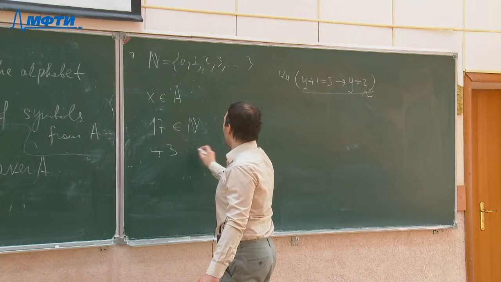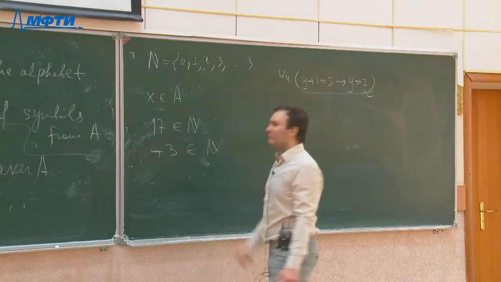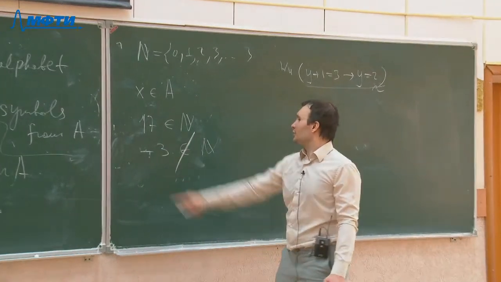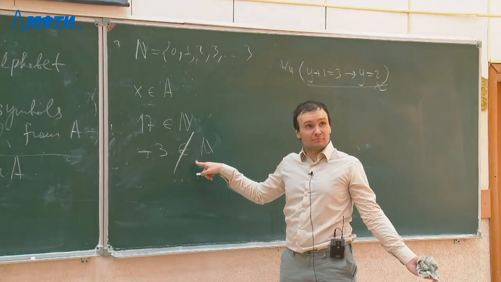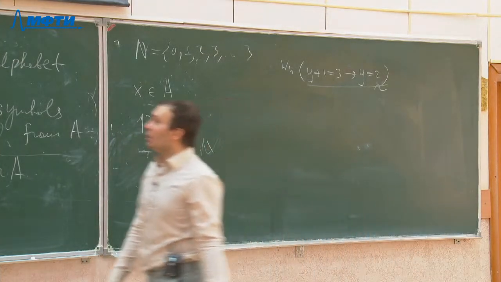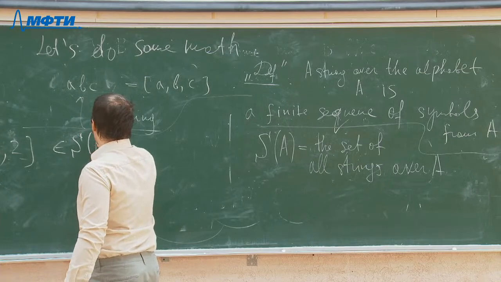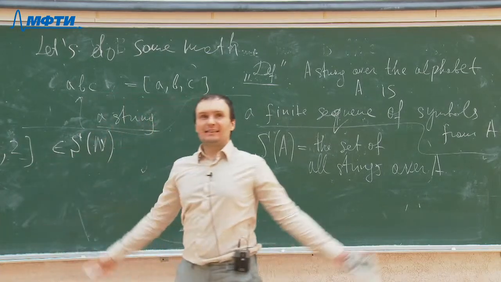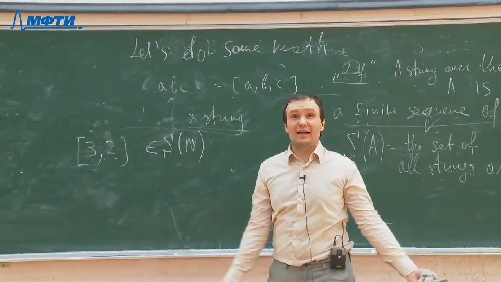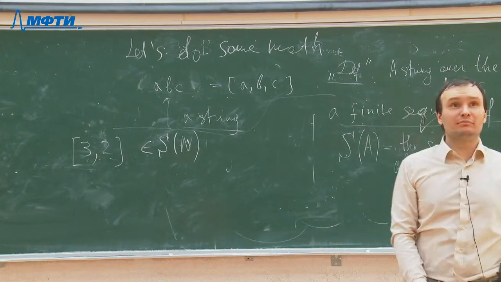Is -3 a natural number? It is not a natural number. Okay, so I may say that this sequence is a string over the set of all natural numbers, a finite sequence of naturals.